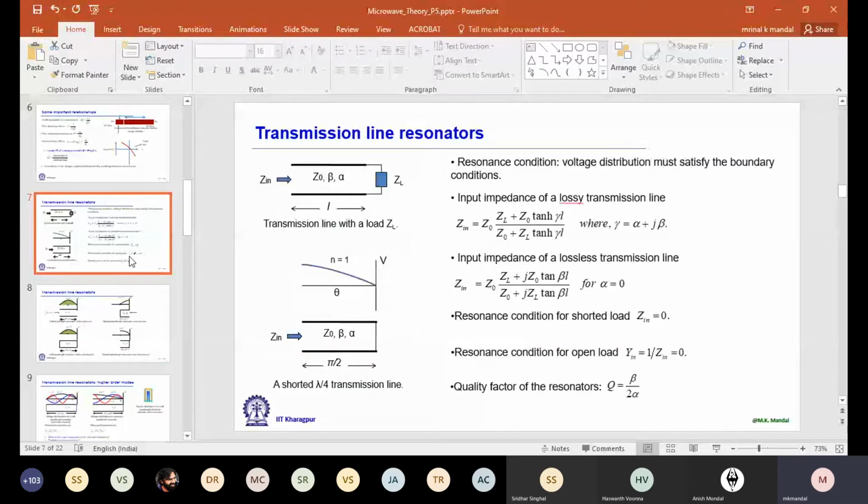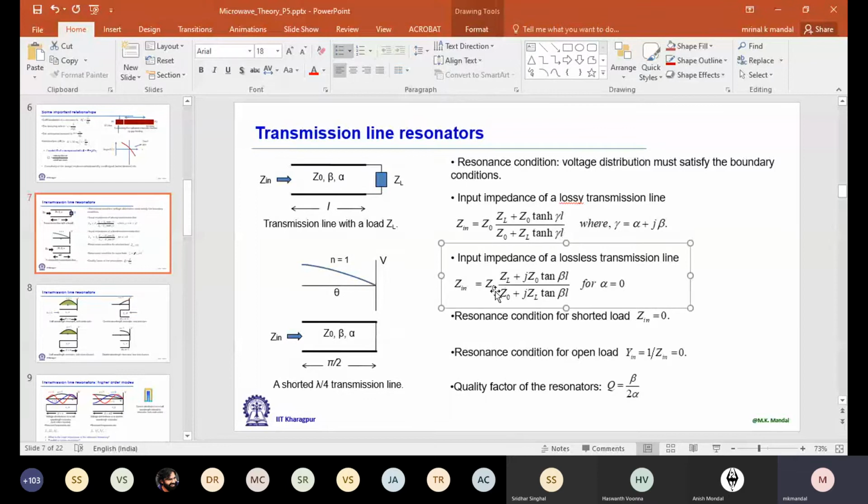Then we are going back to the formula which we learned for a transmission line, Z in equal to Z naught into (ZL plus jZ naught tan beta L) over (Z naught plus jZL tan beta L), for alpha equal to 0, lossless case. Here I put Z in is infinite or Y in equal to 0, and from that we found an expression for omega. Where is omega? It's inside beta L.